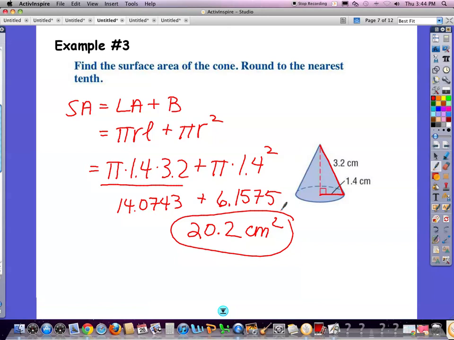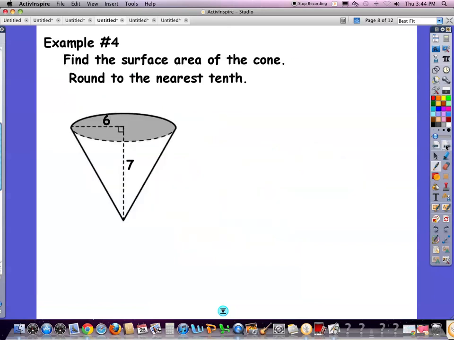All right, example 4. Once again, we have to find the surface area of the cone, round to the nearest tenth. I'm going to write out the formula again. We're going to have pi r slant height plus pi r squared. Radius we've got, it's the slant height we don't have this time, and we need to figure it out. So we're going to use, oh my goodness, a squared plus b squared equals c squared.